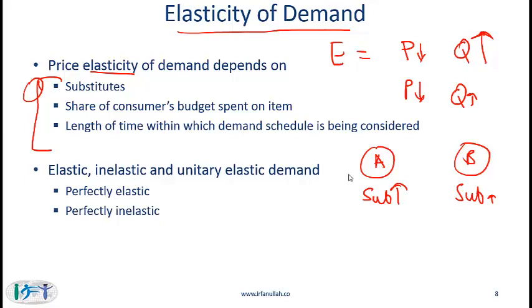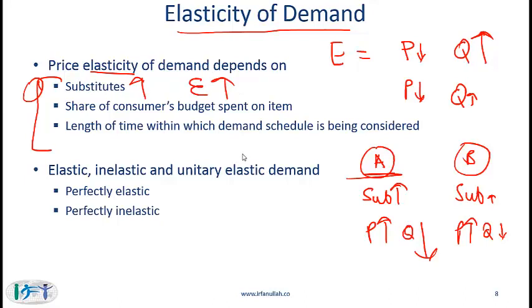The answer is A, because if the price of A goes up, the quantity of A demanded will go down a lot because consumers will use a substitute instead. Whereas with B, when the price goes up, quantity will come down but by a little bit because we don't have too many substitutes. So when there are more substitutes, then the elasticity tends to be high.